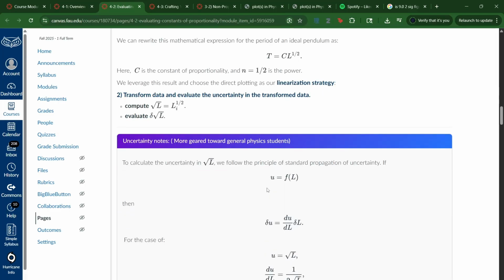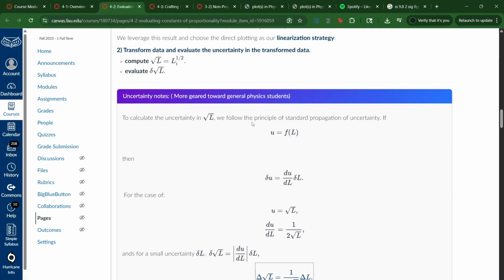To calculate that, we use this principle here. Say that we have some value u, which is equal to a function of L, and that function of L is just square root of L. If I want to find the uncertainty in square root of L, I have to first take the derivative of this function, and multiply that by the original uncertainty in L that we had before.